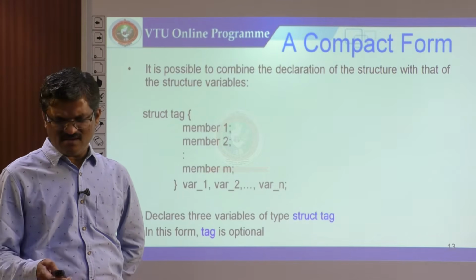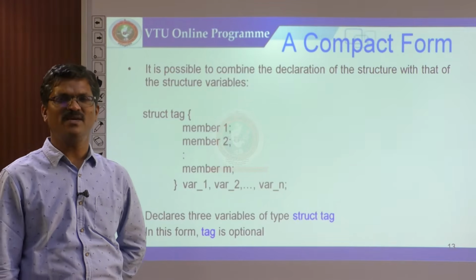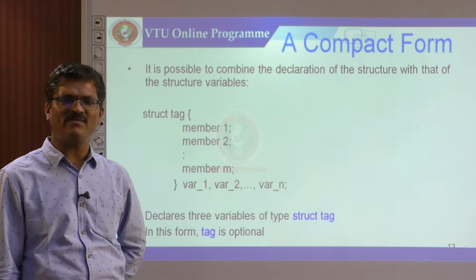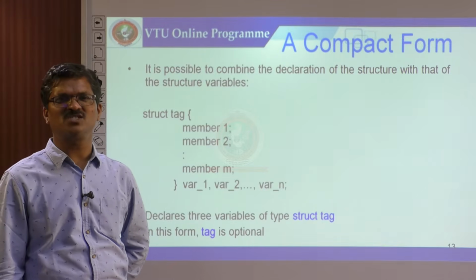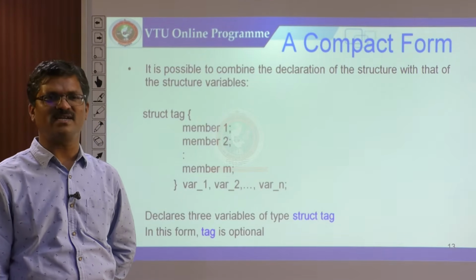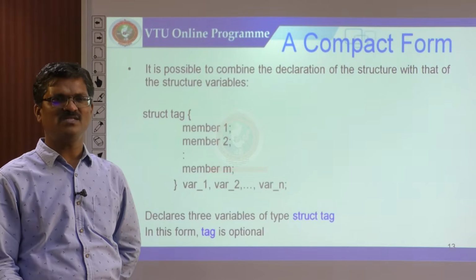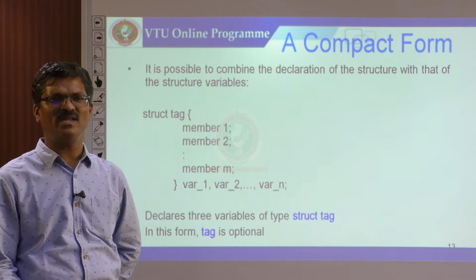The similar definition or declaration of a structure can be represented in a compact form, where we combine the declaration of the structure with that of the structure variables. The same structure tag, all the members, and variable 1 to n can be written here only before this semicolon.